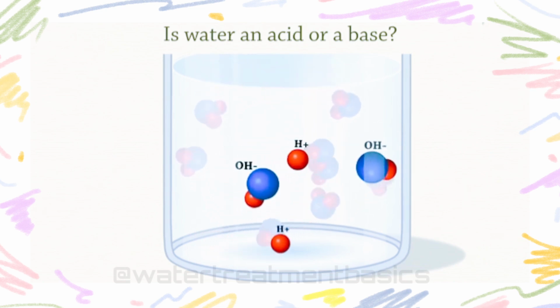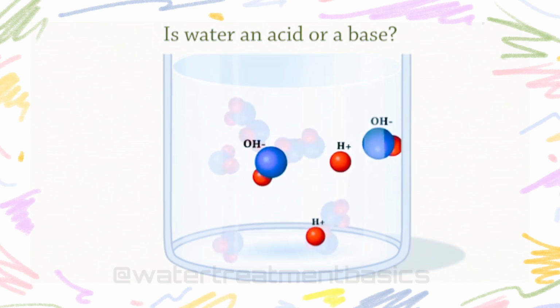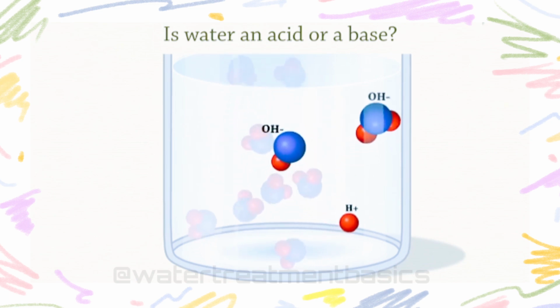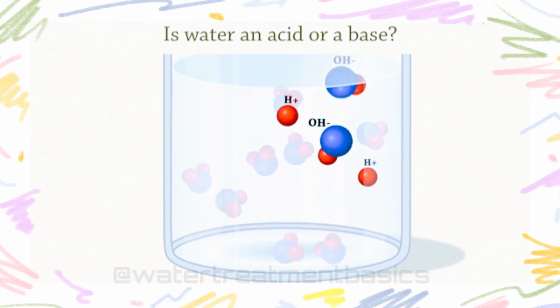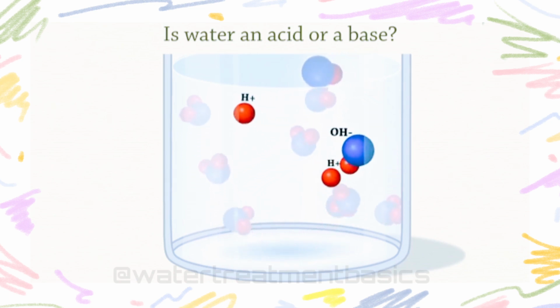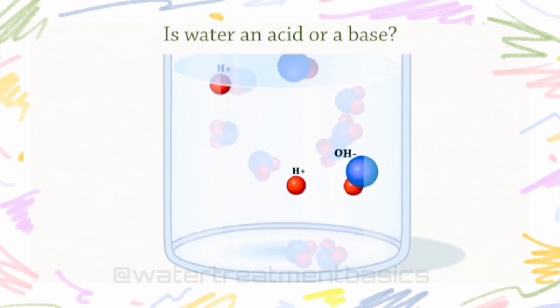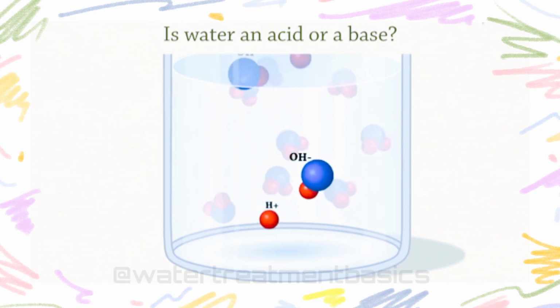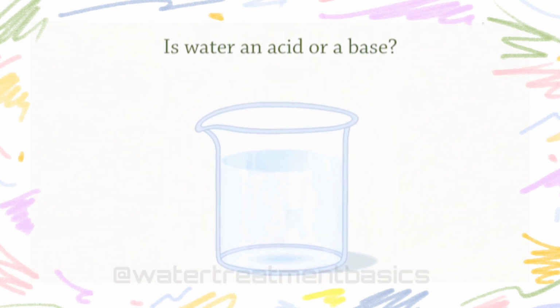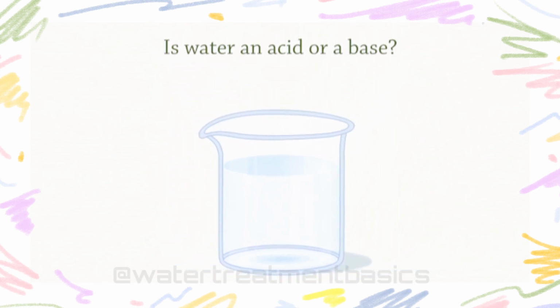The tiny bit of H+ and OH- generated is so small, we write the concentration of H+ in terms of pH, which uses a base 10 logarithmic scale. The autoionization of water is so minimal that water is considered neutral, neither acidic nor basic, and it has a concentration of H+ ions of 1.0 times 10 to the negative 7 moles per liter.